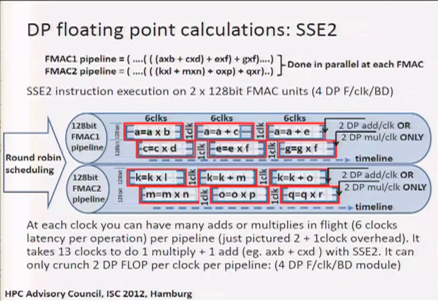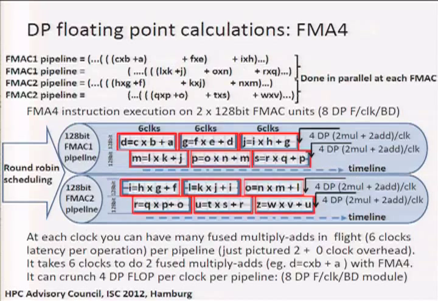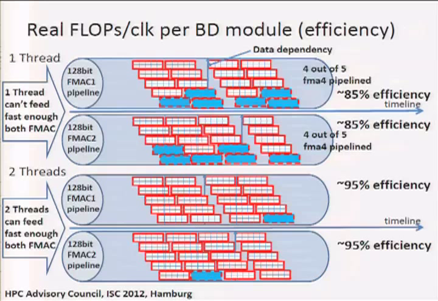Otherwise, if you use these other instructions, you will only be able to issue a total of no more than 4 double precision flops per clock. You have to use a compiler that is capable of issuing these FMA instructions in order to exploit those 8 double precision per clock. Okay, very important.